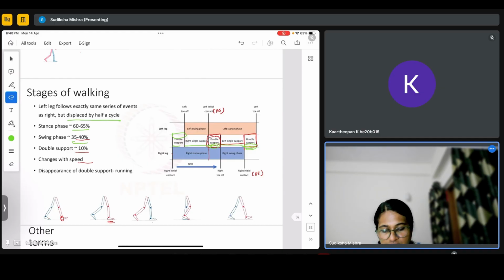Swing phase takes another 35 to 40%, and double support is around 10%. And this changes with the speed, and with the height of the person and the dimensions of their leg. If there is no double support, there is running. It's called running.